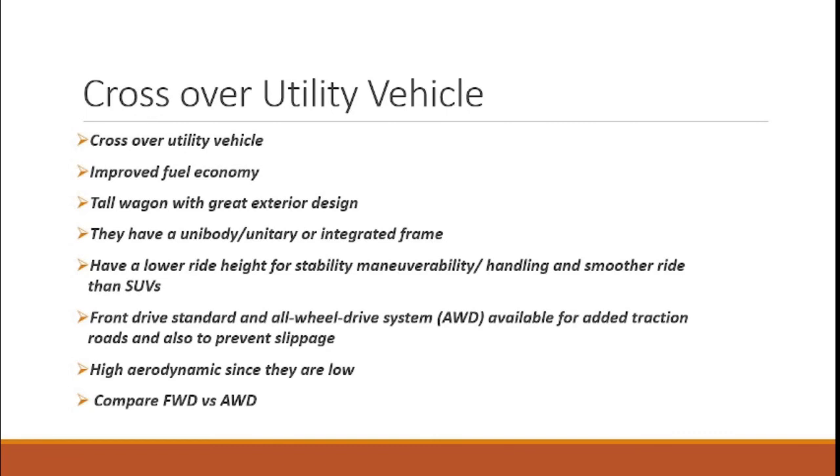Most probably that will have something to do with hybrids, right? But we'll talk about four-wheel drive and all-wheel drive in another video. The all-wheel drive is enabled to increase traction and also to prevent slippage on wet roads. They have high aerodynamic capabilities since they are low. And what does that mean? Since they are low, the aerodynamic shape is such that they have a reverse aeroplane effect, right?